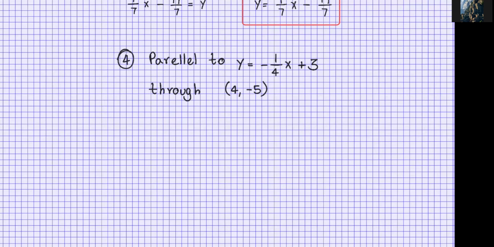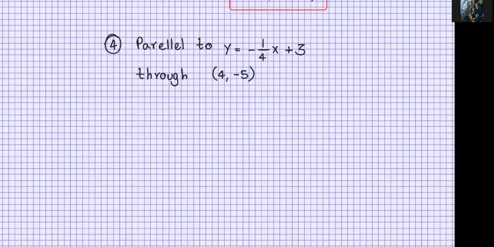Now, if the line is parallel, this is probably the most important part of the information. That means that the slope from this line, let's call it line 1, will be identical to the slope of the line that we're trying to find, since they are parallel. So that means that we already have the slope.